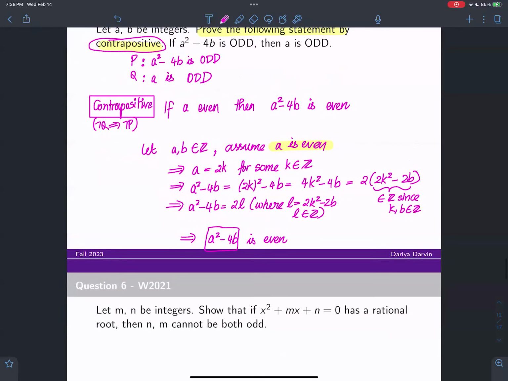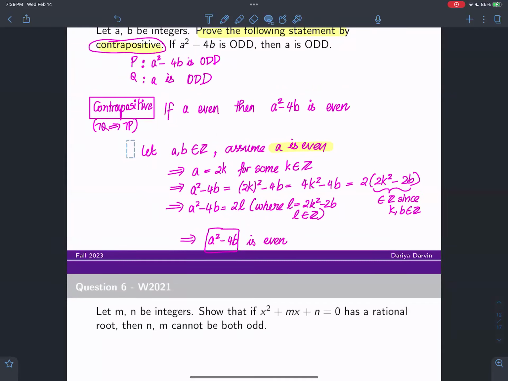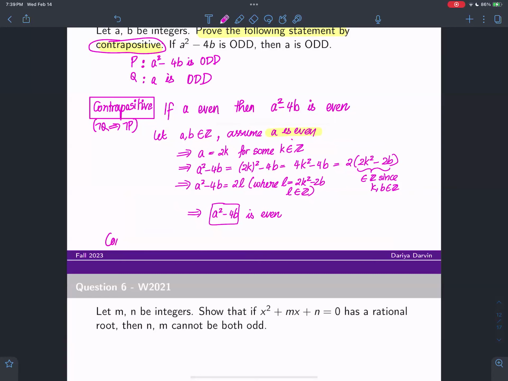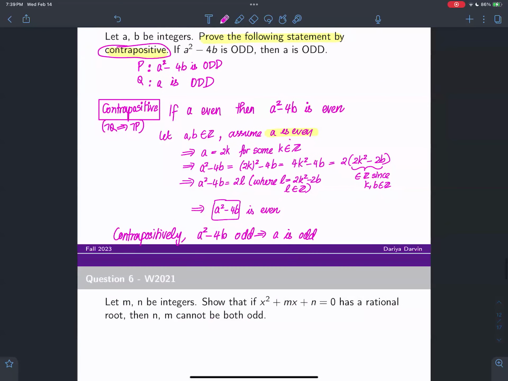So A squared minus 4B is even. Now, if you want to be complete, you will say, so contrapositively, A squared minus 4B odd will imply A is odd. Does this make sense? Look how easy the math part of this is.